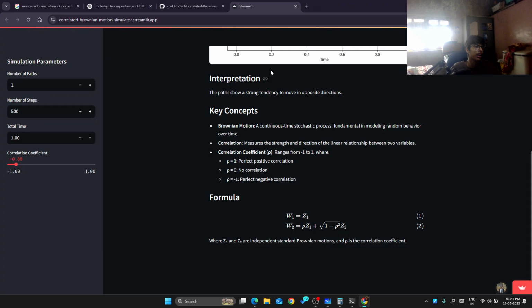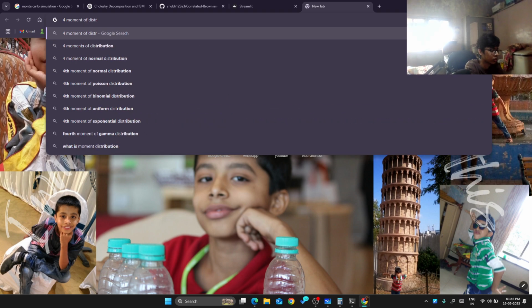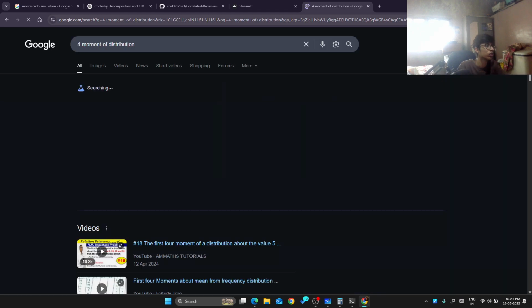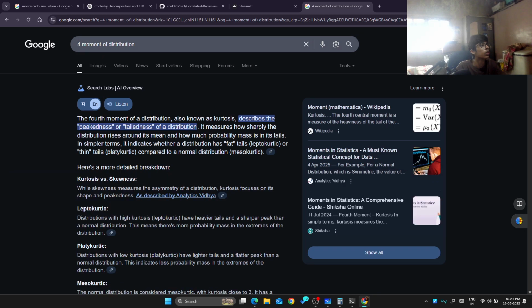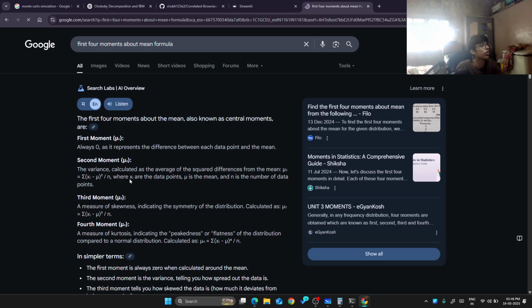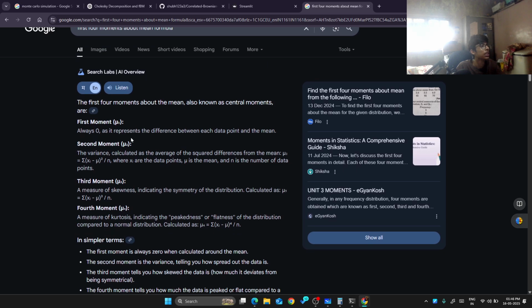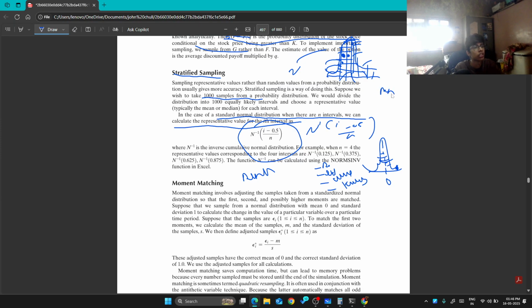The four moments are: first is mean, second is variance, third is skewness, how skewed the data is, and then kurtosis.